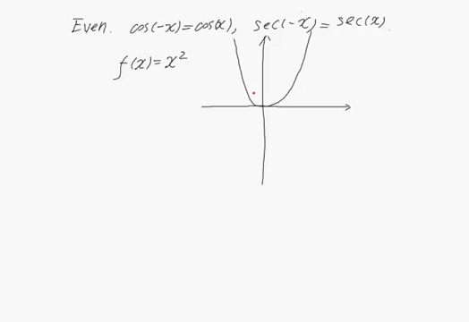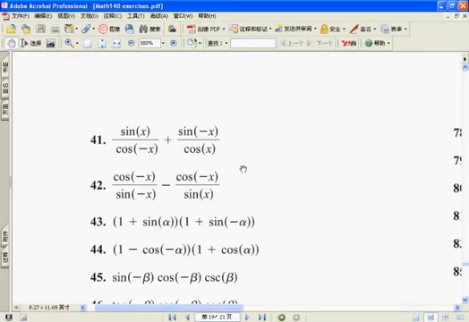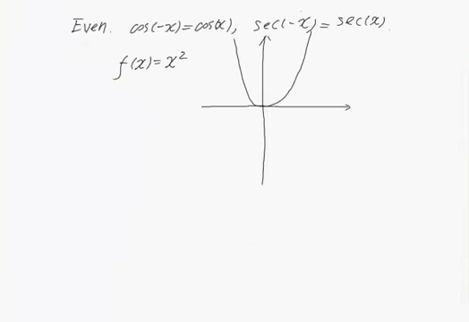Now let's try to use these odd and even identities to simplify some expressions. Let's look at page 517, problem 42. So let me copy this problem in here.